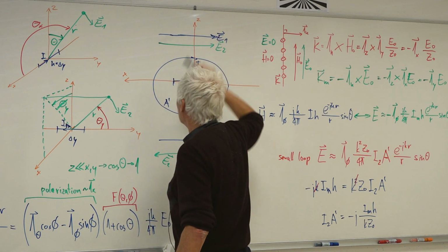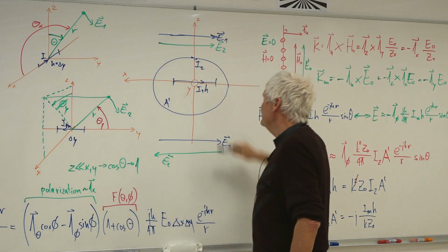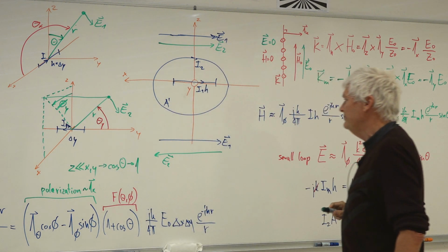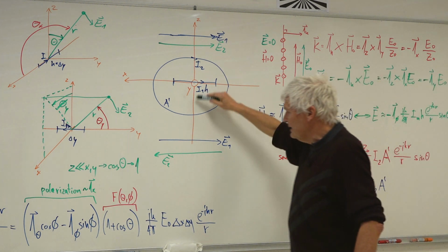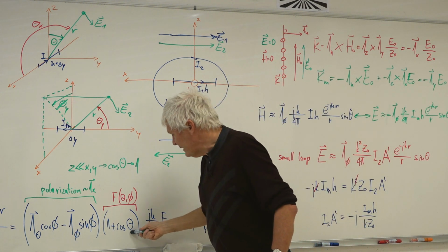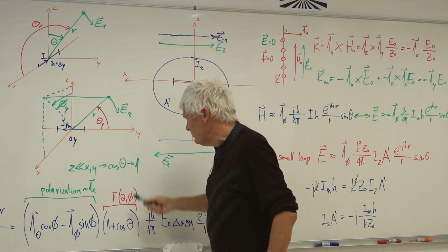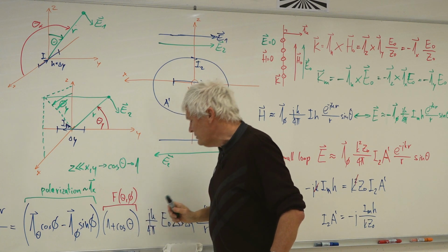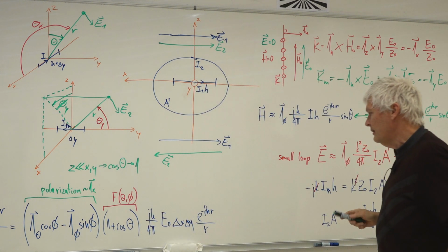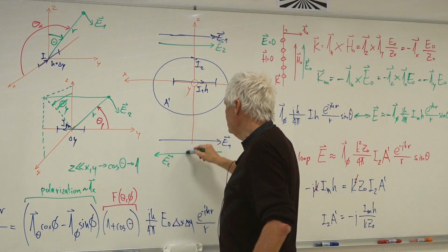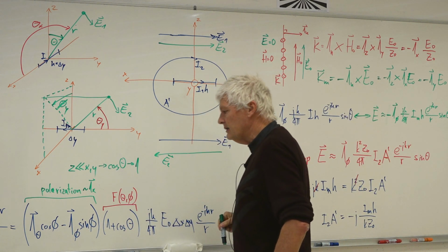We have two components of the same size that sum up to a double field. In the minus z direction, theta goes to pi, cosine theta goes to minus 1. 1 minus 1 is 0, so these two cancel out in the minus z direction.